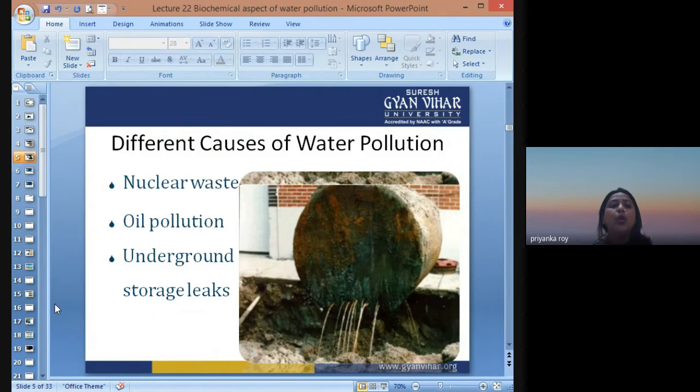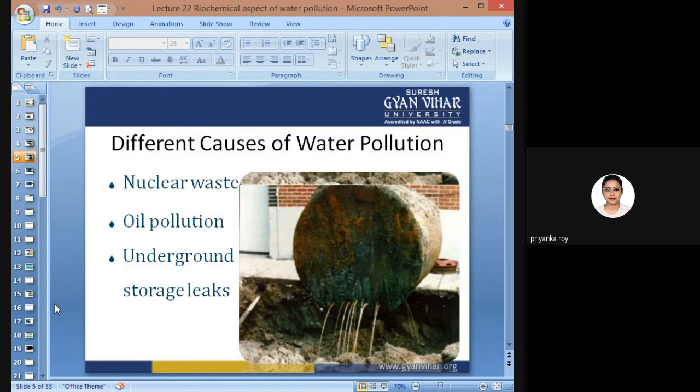Then you have nuclear waste, like nuclear reactors use water as a coolant. So when we release that water, the general temperature of the water will also rise.